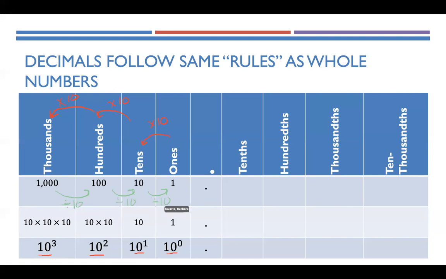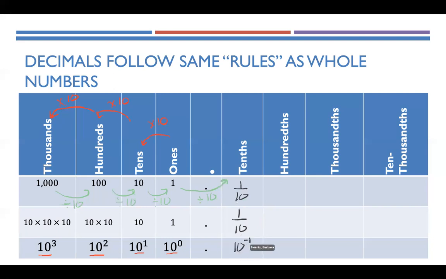And actually this same pattern continues. 1 divided by 10 is now 1/10, which is 10 to the negative 1, right?